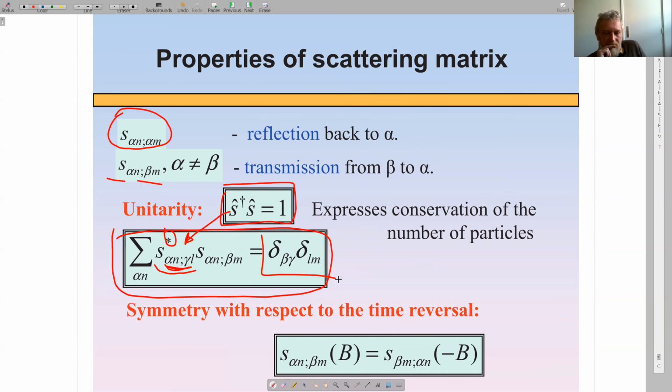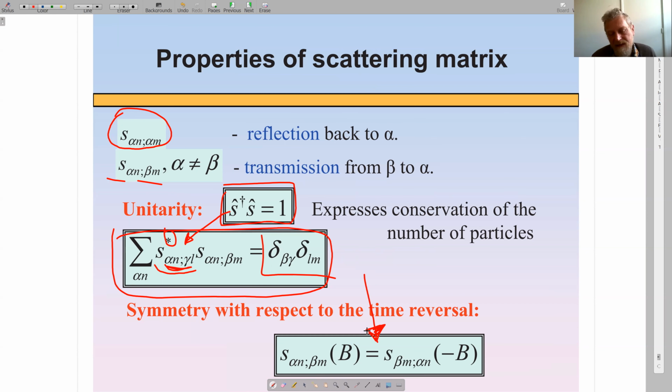Right. What becomes important is the symmetry property of the scattering matrix upon time reversal. We shortly talked about this for the two-lead scattering matrix. So let us look at this expression.